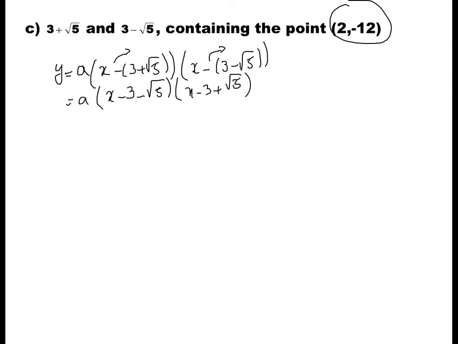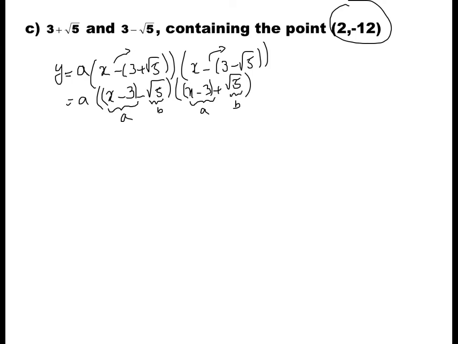Now I'm going to put a bracket around these two terms. You have two options. You can expand these two brackets and you're going to get the same result that I'm going to get. Or you can use the fact that if this one is a, this one is also a, call this one b, and this one is going to be b.